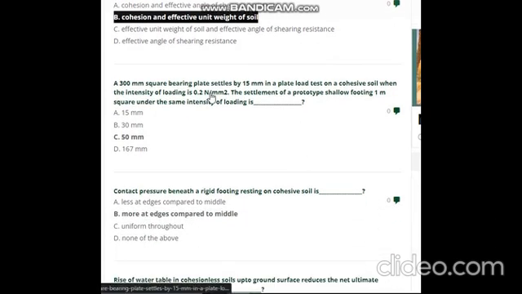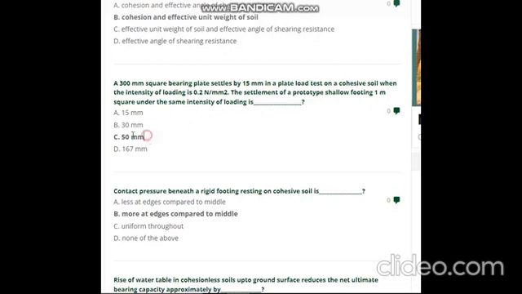A 300 mm square bearing plate settles by 15 mm in plate load test on a cohesive soil when the intensity of loading is 0.2 Newton per mm square. The settlement of prototype shallow footing 1 meter square under the same intensity of loading is 50 mm.